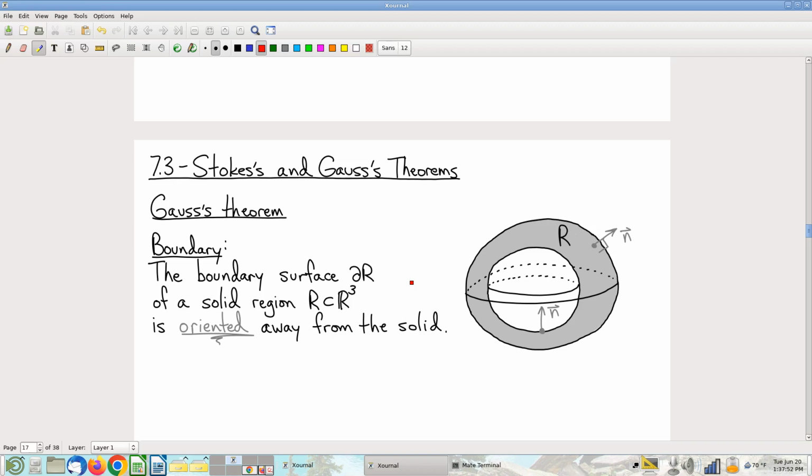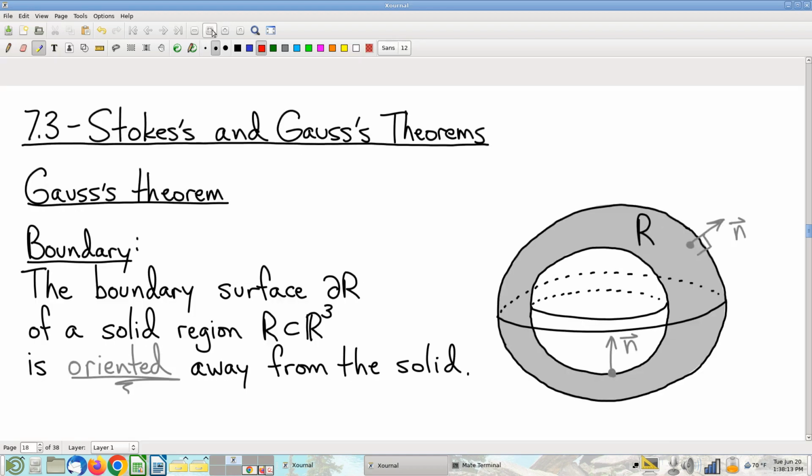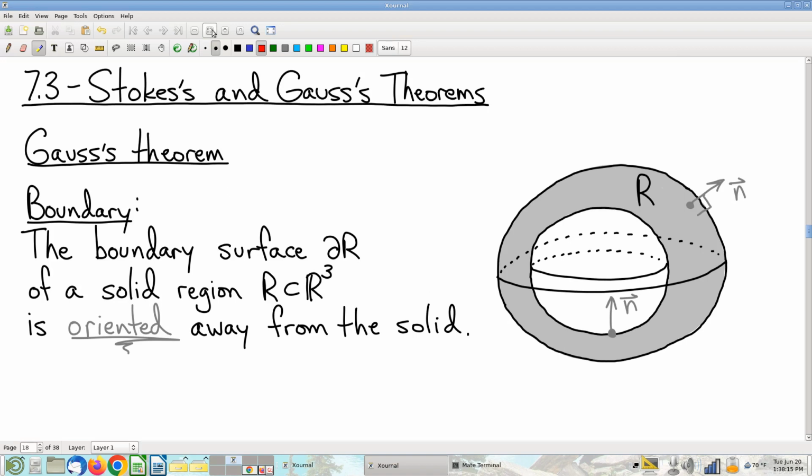But it doesn't matter, it's just numbering. So they do Stokes' theorem first. There's a good reason to do Stokes' theorem first, but there's also a good reason to do Gauss's theorem first, and I personally prefer doing Gauss's theorem first. So we're going to start in a different order than what the book does, talking about Gauss's theorem, and here we go.